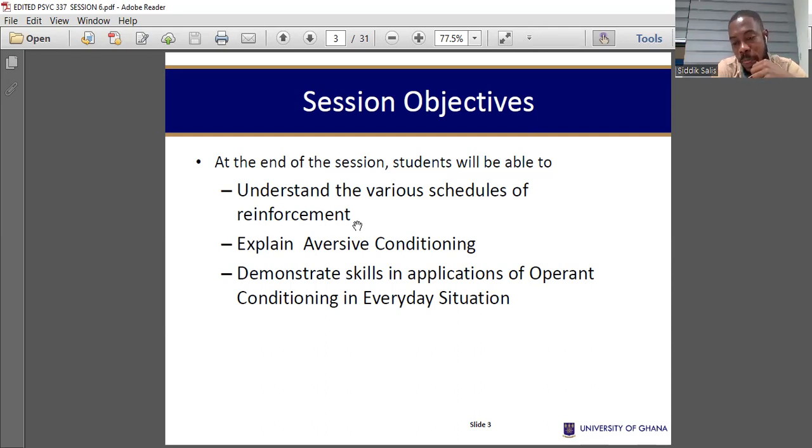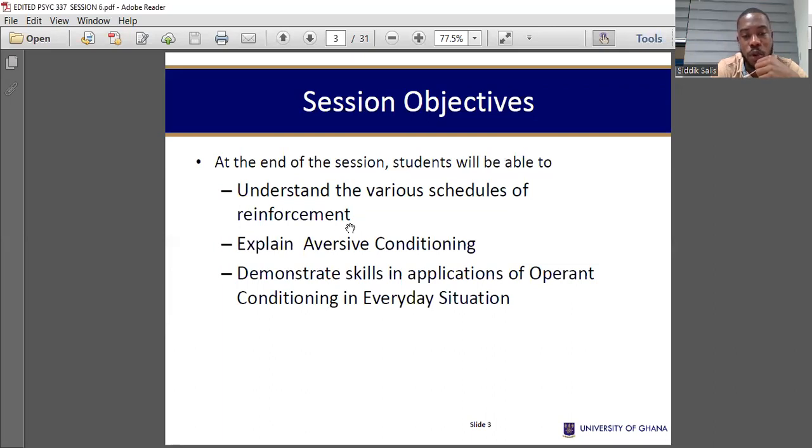We have the ratio and the interval. For ratio, we have the fixed ratio and the variable ratio. For interval, we have fixed interval and variable interval.